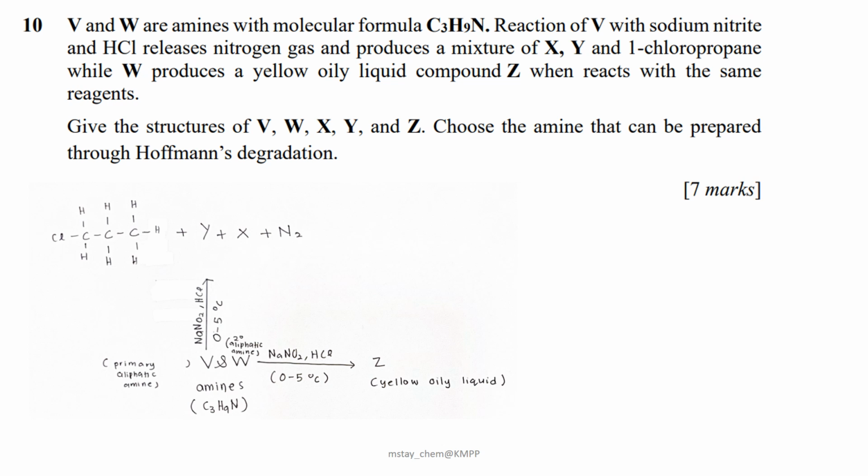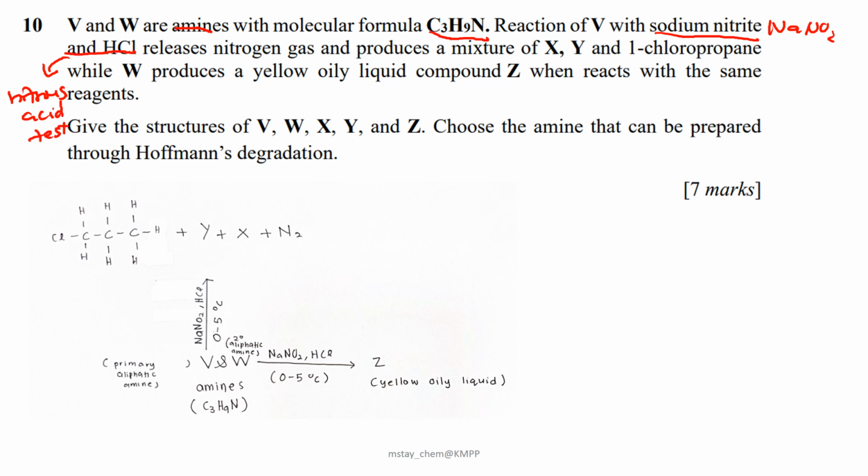Okay, let's proceed to question number 10. V and W are amines with the formula C3H9N. Reaction of V with sodium nitrite, NaNO2, and HCl. So basically we understand this is referred to as the nitrous acid test.